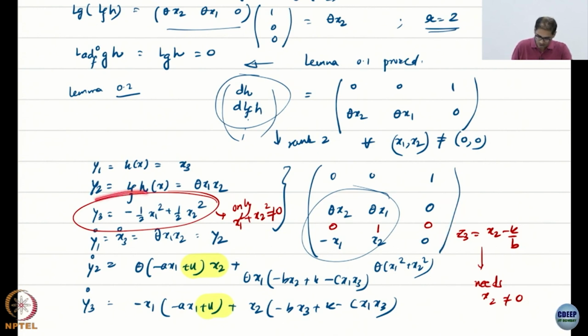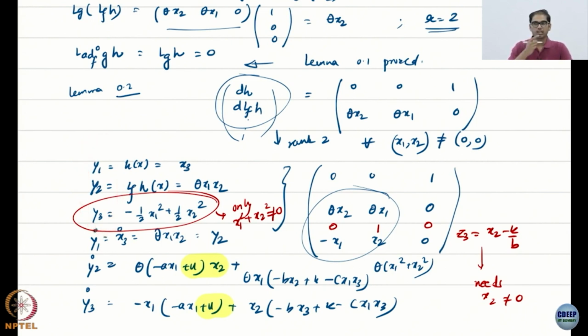So to do that I chose this sort of a y3. So everything looks nonlinear, and of course now I know that if x1 x2 is not equal to 0 0, then this is a full rank matrix. So I am good to go. This is a valid new set of coordinates.